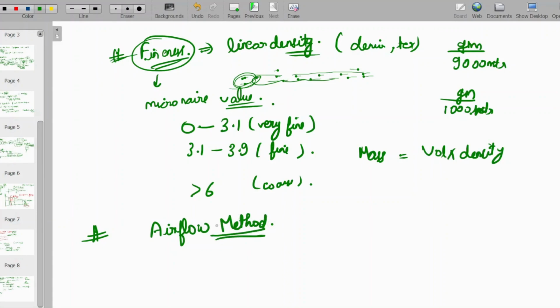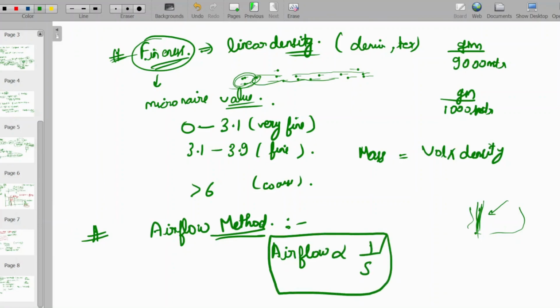The airflow method means measuring how much air can flow. If we test a fiber fabric, how does the air flow? Airflow is inversely proportional to S, where S is the specific surface area.